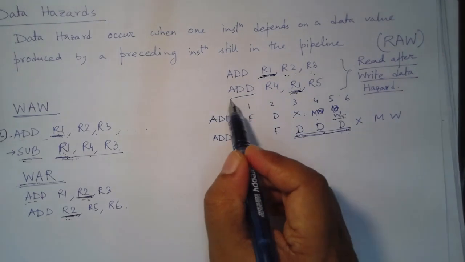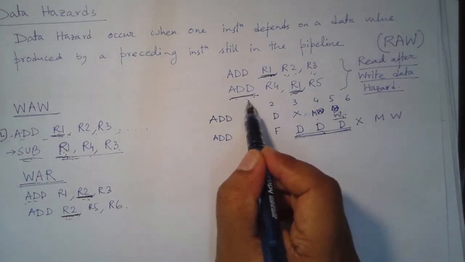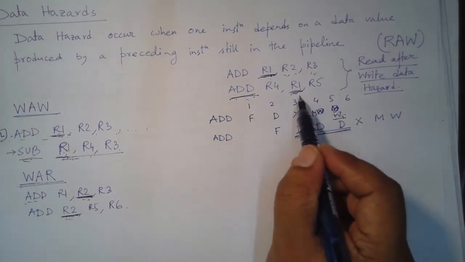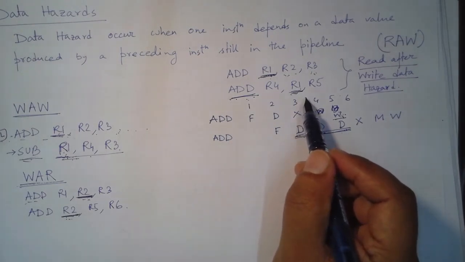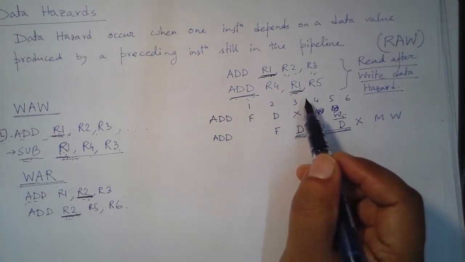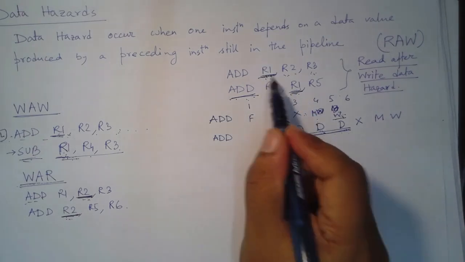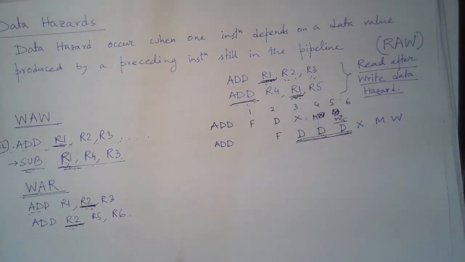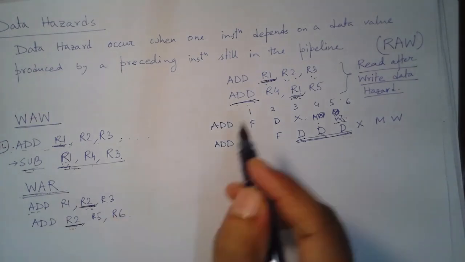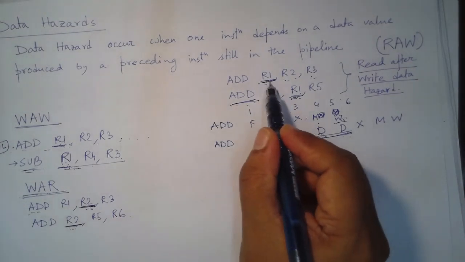Now, the earlier stages will look at this instruction and see that it wants to use R1, but from the feedback it is clear that R1 is getting updated. So if this condition matches, that the destination register which is supposed to get updated by the earlier instruction and the current operands are the same, then there is no way but to wait till this update is done.